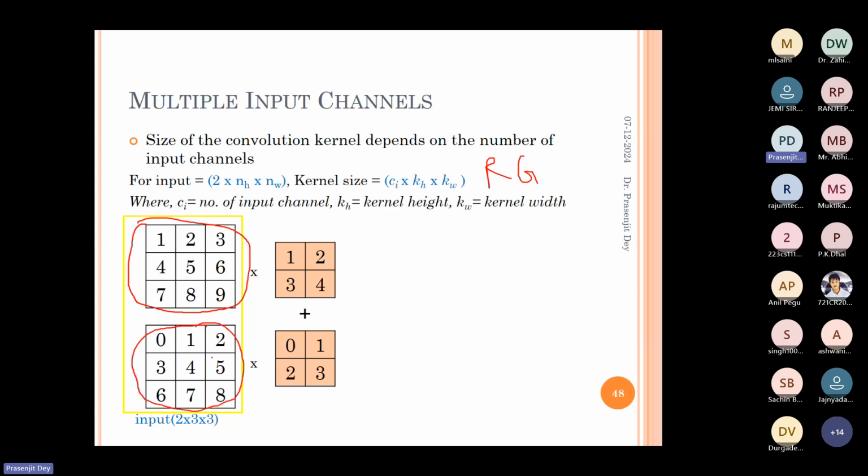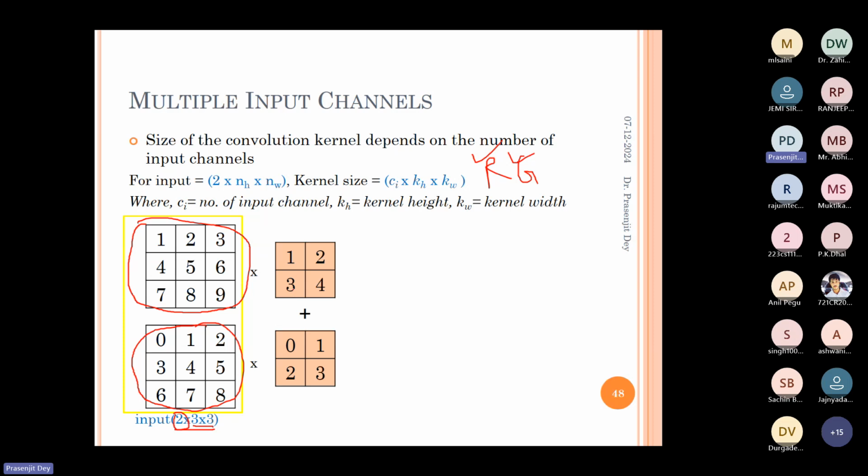So in that case, my image will be represented by 3D data, where 3 cross 3 is the width and height of the image and 2 is the number of channels. In my case, there are two channels, red and green. So this is my input image.